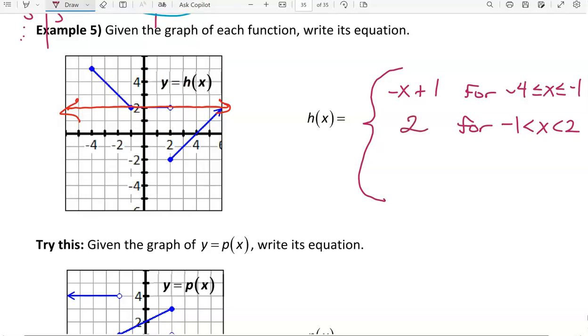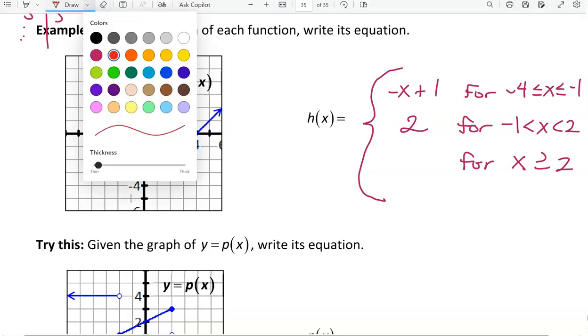So h of x equals 2 for x between -1 and +2. And now we have a last piece of the graph to use here, and this piece of the graph has a closed circle here at +2 and proceeds to the right with an arrow on the end. So this last piece is for x greater than or equal to 2.